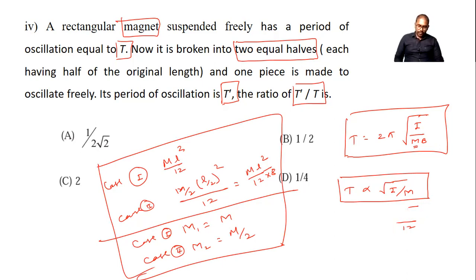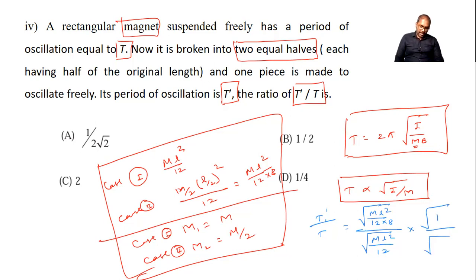So T dash divided by T is equal to root of I upon M. So T dash, I is M L square by 12 into 1 by 8, divided by, second I is M L square by 12, multiplied by, since T is inversely proportional to dipole moment, dipole moment of case 1 divided by dipole moment of case 2.